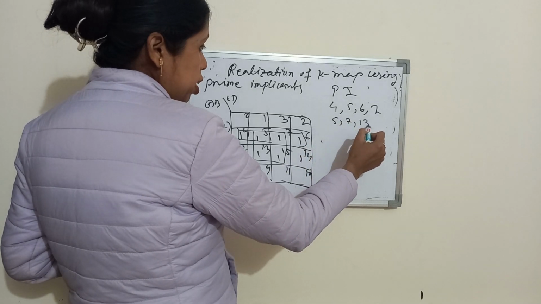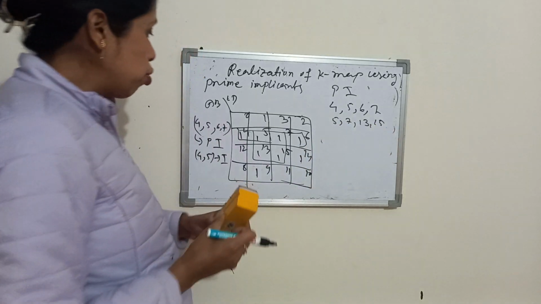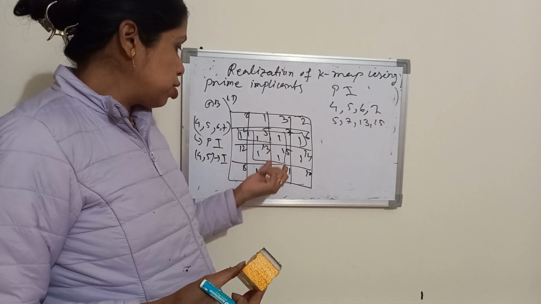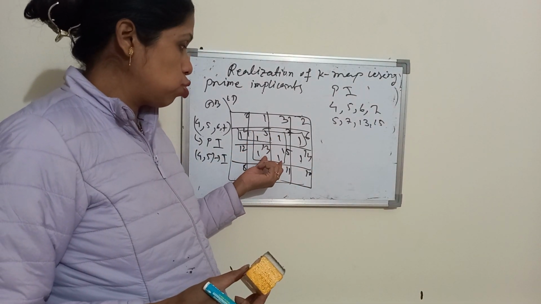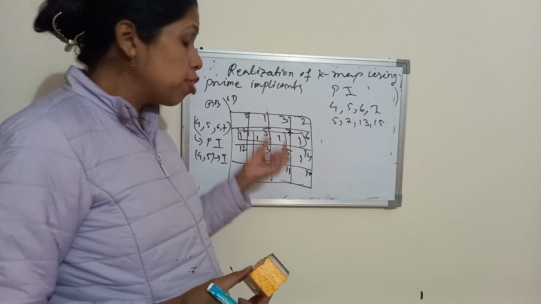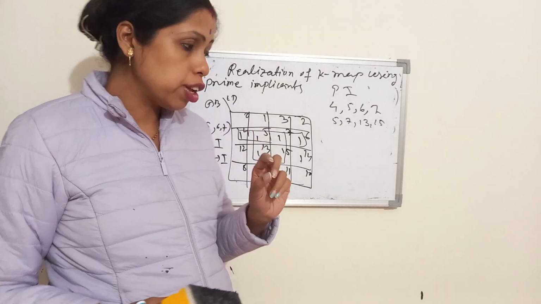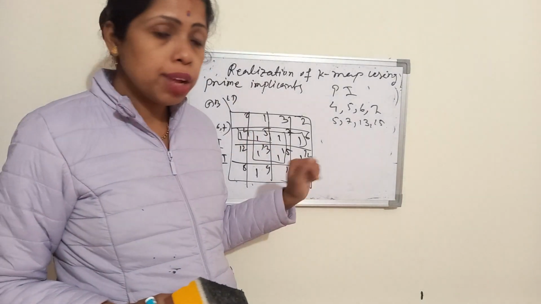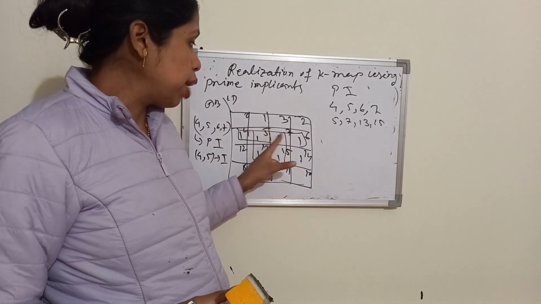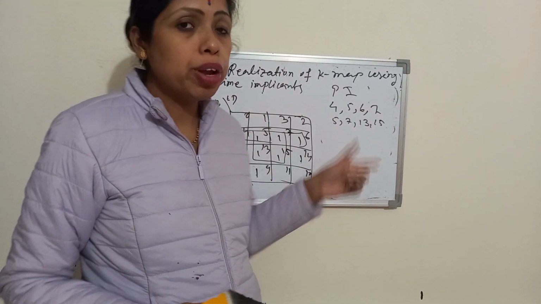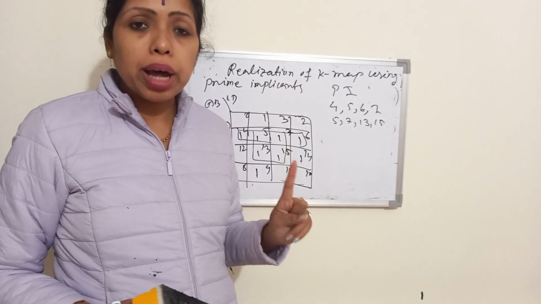You can see 5 and 7 are implicants, but along with 5 and 7 you have 13 and 15 also. 13 and 15 cannot be a prime implicant by themselves, because using 13, 15 you can create a quad, and in that quad 5 and 7 are also included. So all four, 13, 15, 5, 7, create one prime implicant.